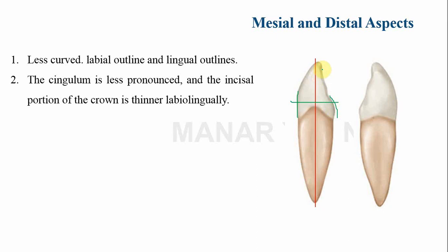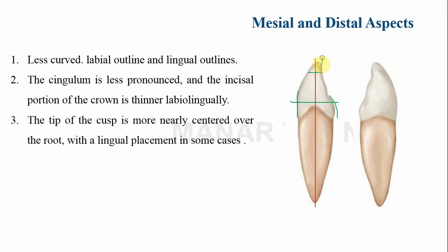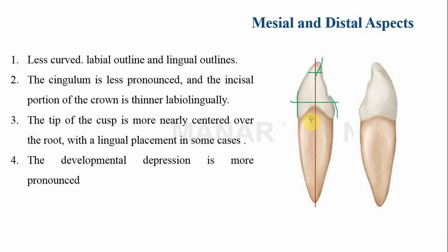The incisal portion is also thinner labiolingually than that of the maxillary canine. The tip of the cusp is located lingual, just like the mandibular incisors, and sometimes it's located in line with the long axis of the root. The developmental depressions, however, are more pronounced on the mesial aspect than those on the mesial aspect of the maxillary.